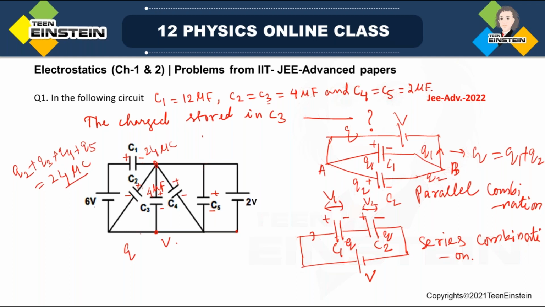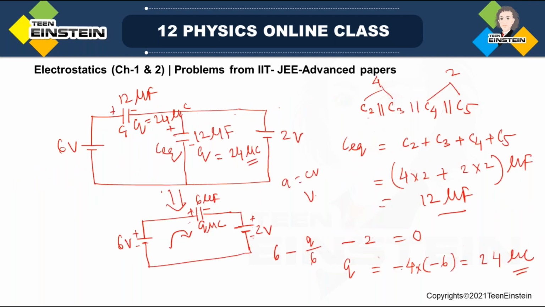So that we have to find out first. I'll just erase some of the things here also. So I have got the charge across this and the capacitance I knew. We have got Q is equal to 24 microcoulomb, and we know the equivalent capacitance of this capacitor.